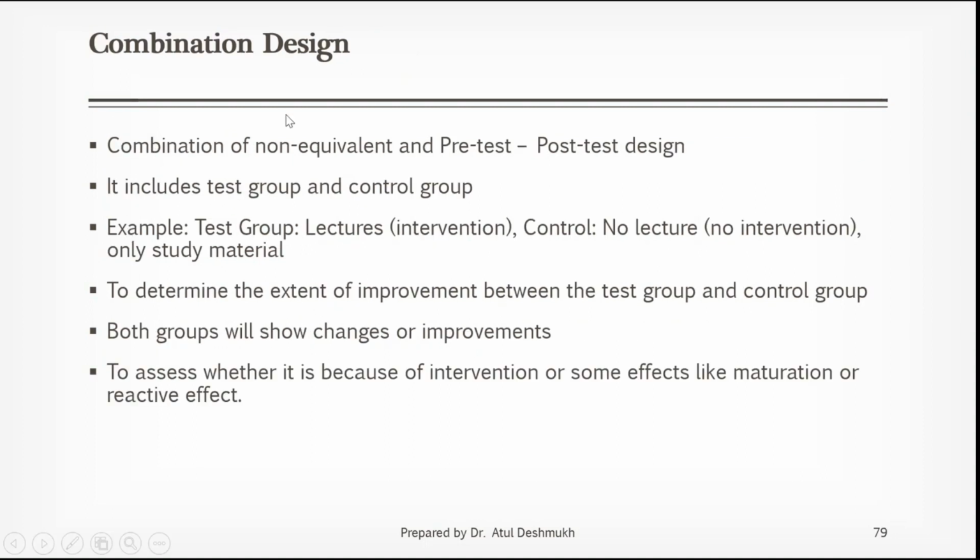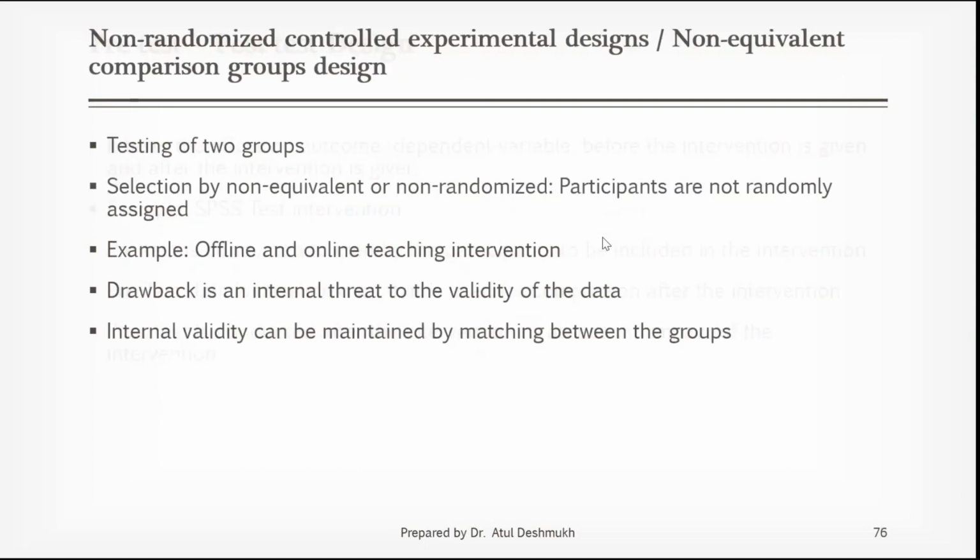Next is the combination design. The combination design is a combination of the non-equivalent and pre and post test designs. Just now we discussed two basic types of quasi-experimental study design.